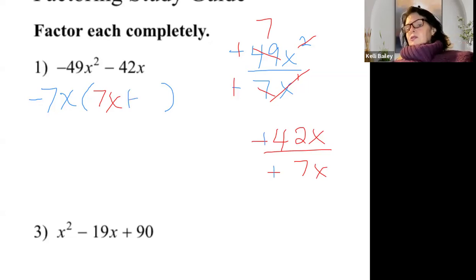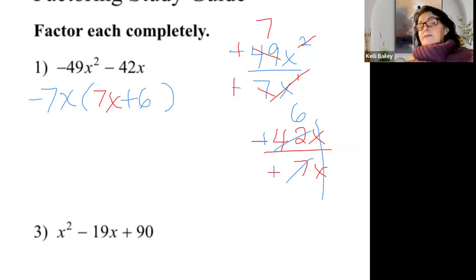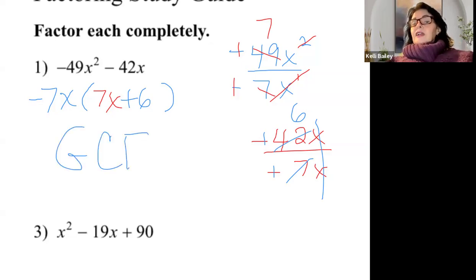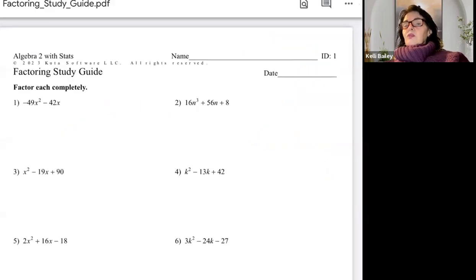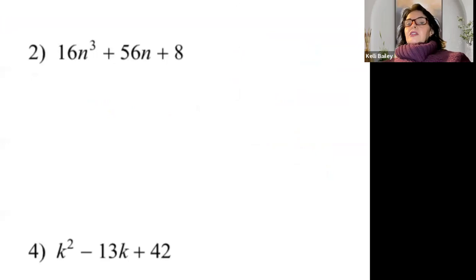And then 42 divided by 7 gives me 6, so there's a 6 right there. x divided by x, those canceled. So I am done. That is getting out the greatest common factor. Every time, look first for the greatest common factor. And I'm going to clip right along here, guys, because you can pause, rewind, whatever you need to do.